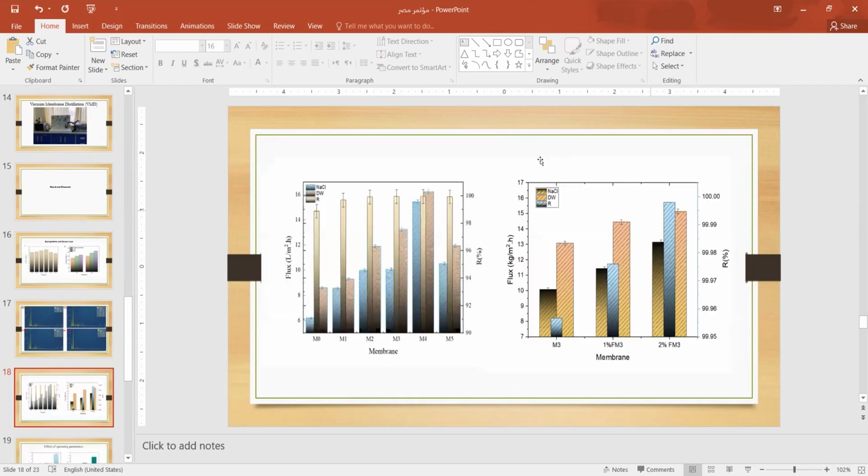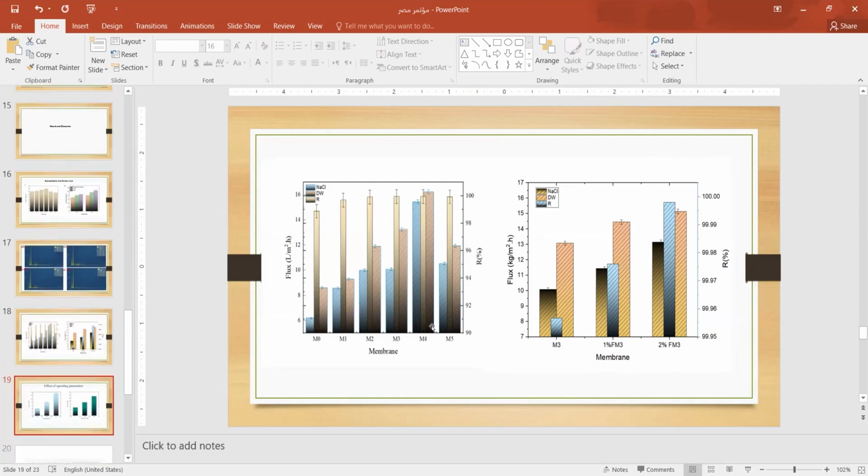Then we tested the membrane by vacuum membrane distillation. It was found that the permeate flux increased with carbon nanomaterial, and when testing the membrane with chemical modification, the permeate flux increased with the concentration of fluorosilane solution.